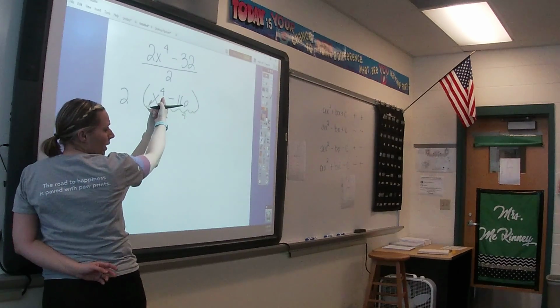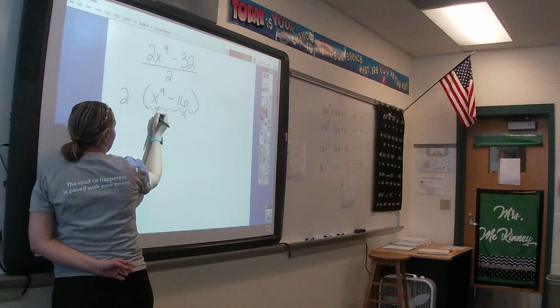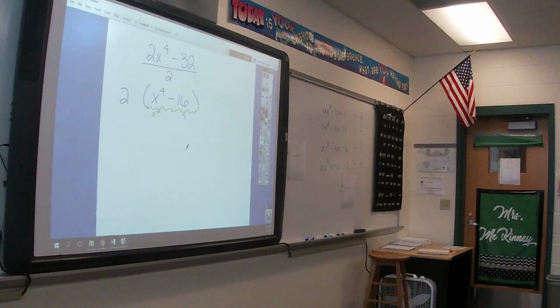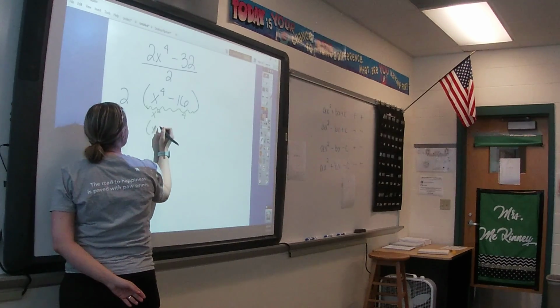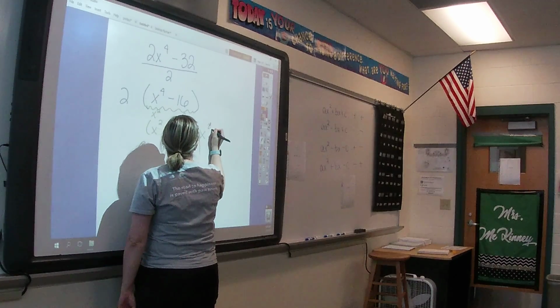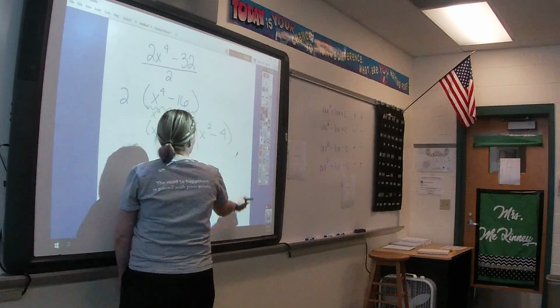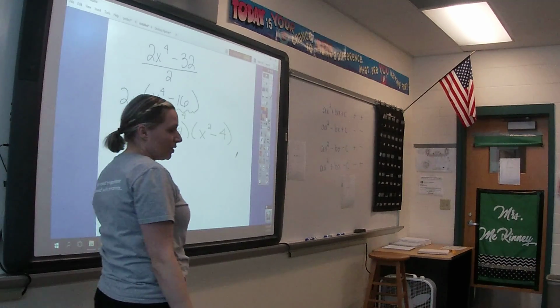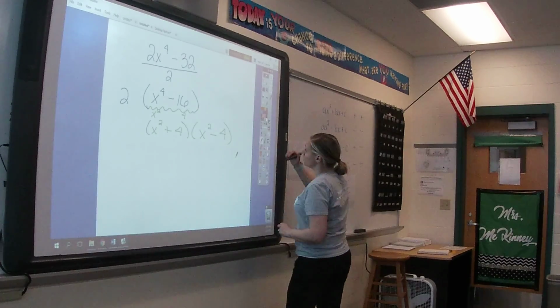What do we do with the exponent? Half of it, right? So x squared and 4. So we said this would then turn into 1 with an addition sign and 1 with a subtraction sign. Okay, so that's step 2.